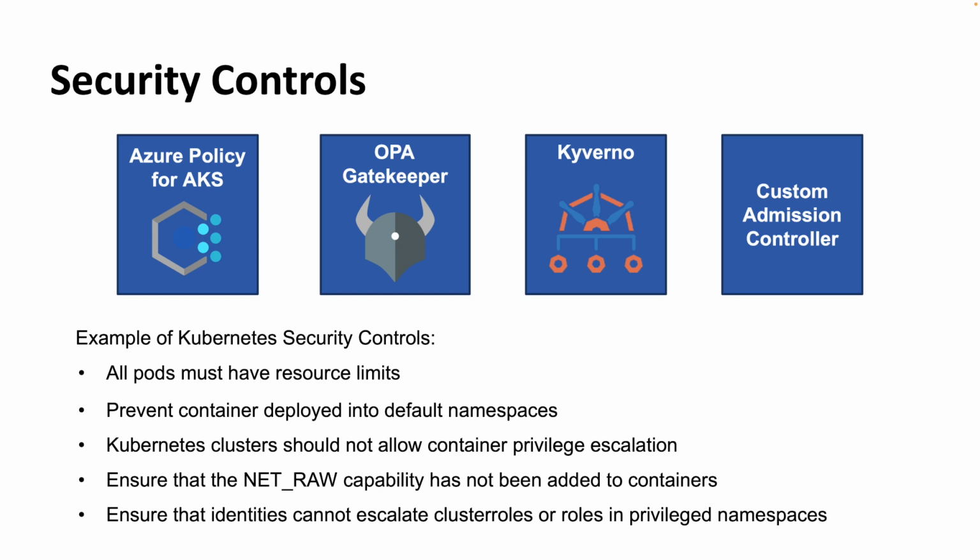If you are starting with security control now, start with audit policy, preventive policy, and when you have a good security maturity and a good adoption of the preventive policy by your different teams, after that you can move to the next step, auto remediation policy.